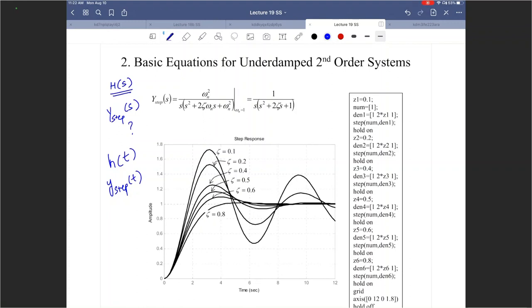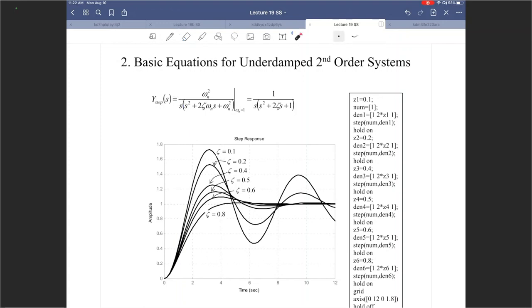So when you're differentiating in the time domain, you're dividing by s in the Laplace domain. So you took h of s from before and you divided it by s, you got y step of s. Let me erase all of this. That s is what is making it the step response instead of h of s.